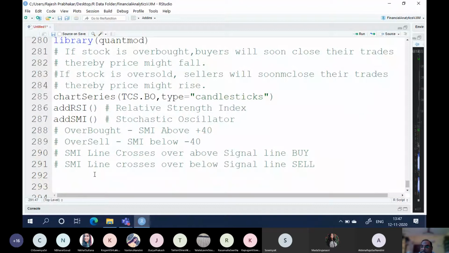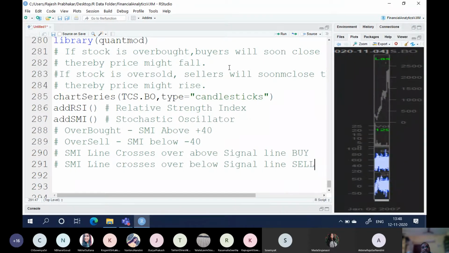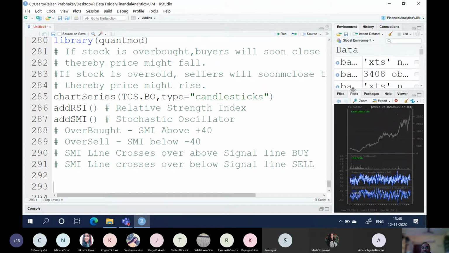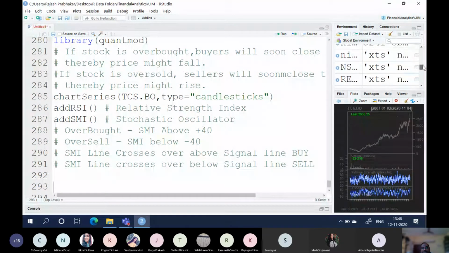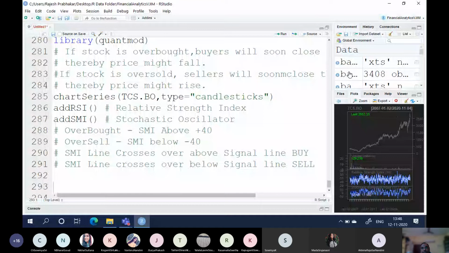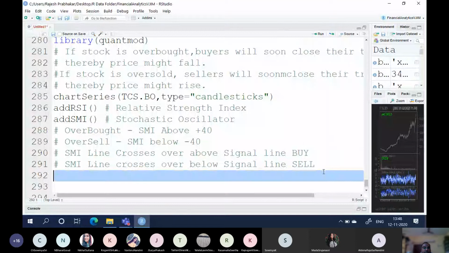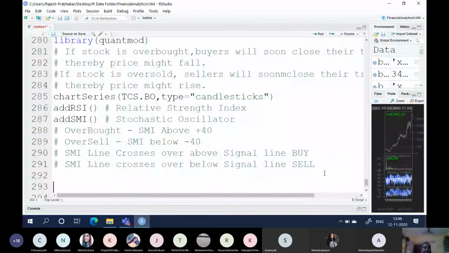Okay, all of you understood the context of the stochastic oscillator? So this is also a momentum thing. I wanted to plot it for the other companies we have done. Let us say ITC. Plot it for ITC.